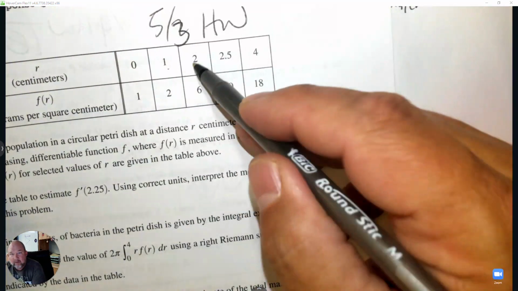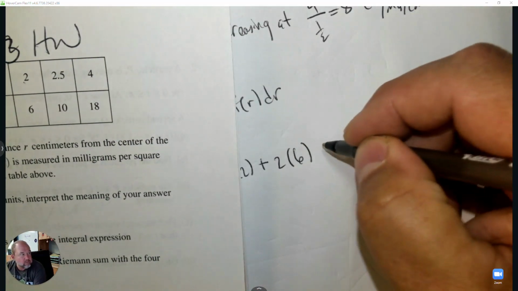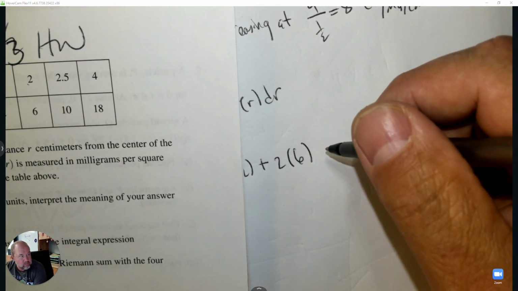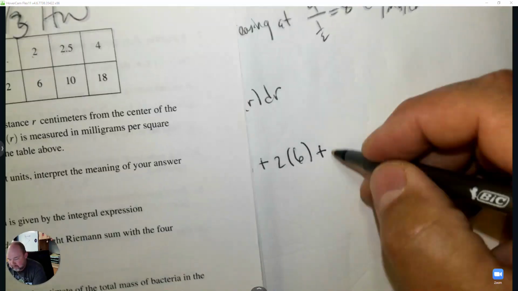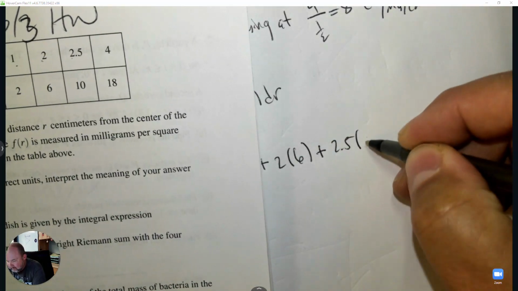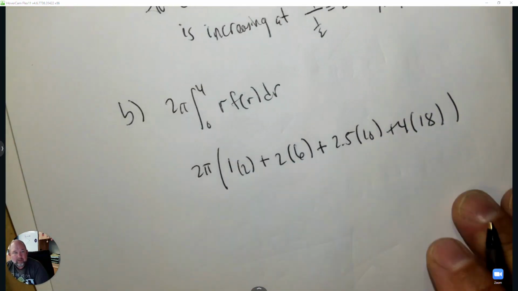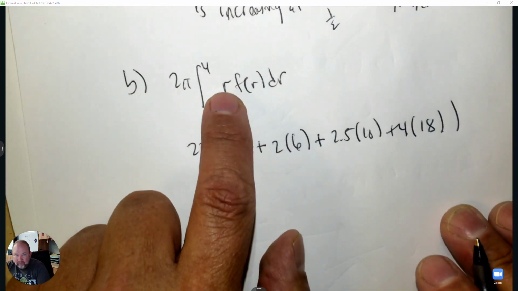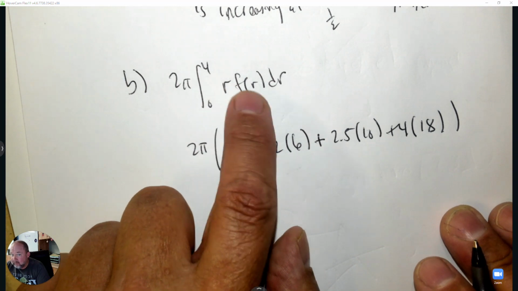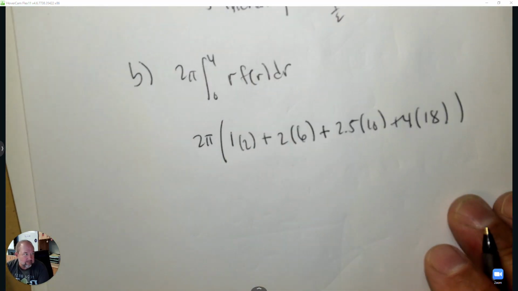Then the next one, the radius on the right, and then the height on the right. And then the next one, the radius and the height on the right, and the radius and the height on the right. A little awkward, right? So you need the radius value and the y value, the r and the function, together on the right side.